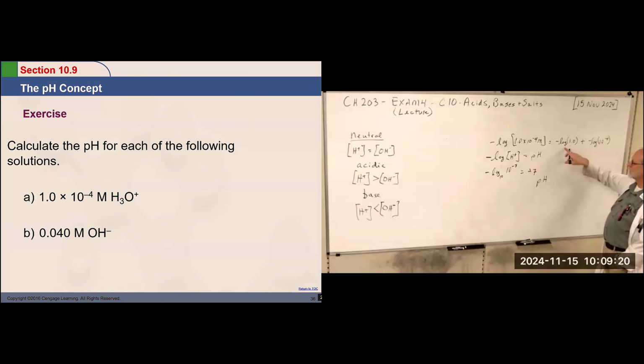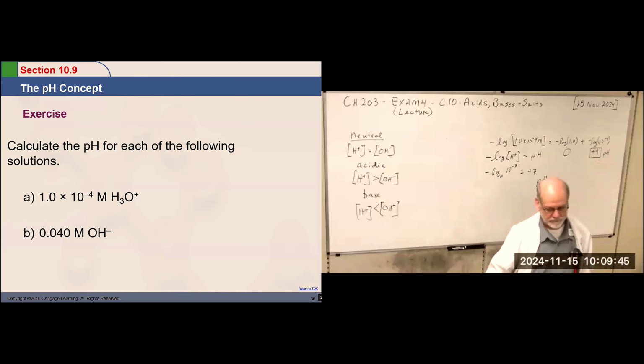Well, what power of 10 gives you 1? 0. Right? 10 to the 0 is 1. So that's why I left the 1 out the first time I wrote it. How about this one, though? 10 to what power is 10 to the minus 4? It's minus 4 times that one. Right? So that's the pH of 1 times 10 to the minus 4.